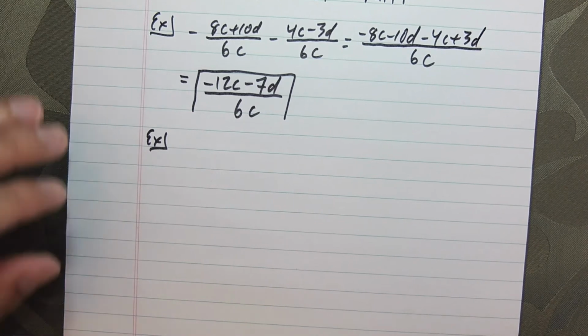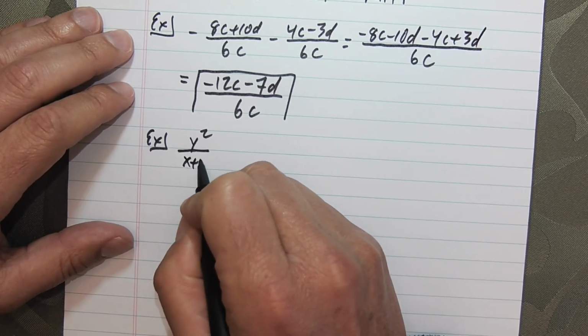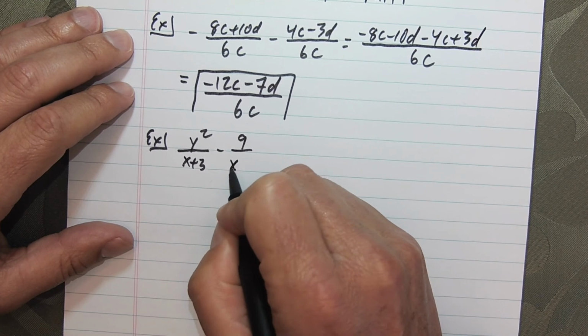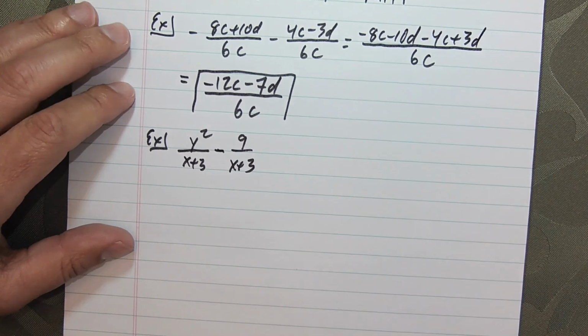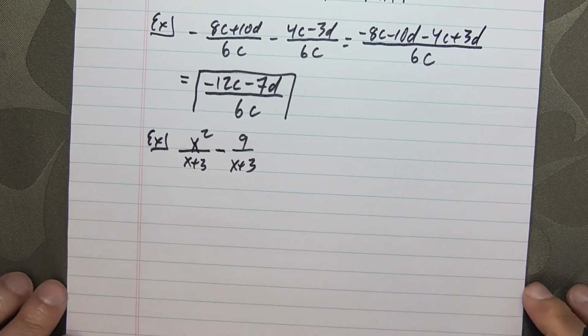So another example here would be that's an x. Again, you'll notice that we already have a common denominator.